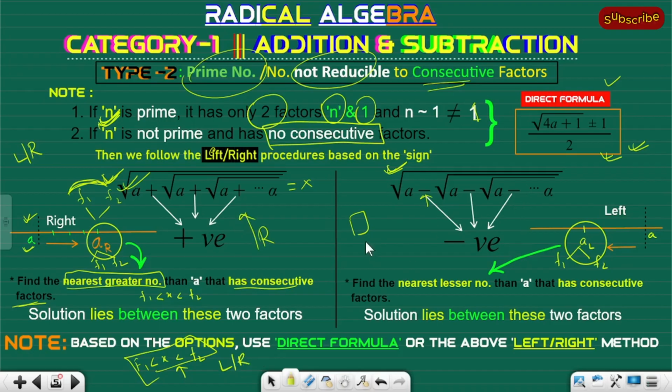If the answer is given as a specific value, then we will use this direct formula, 4A plus 1 plus or minus 1. Plus is for this one, minus is for this one. If the series is with a negative sign, then we will use negative 1. If it is with a positive sign, then we will use plus 1.